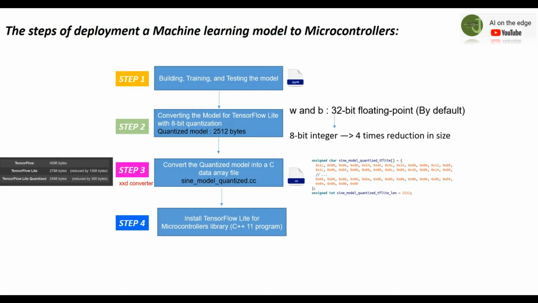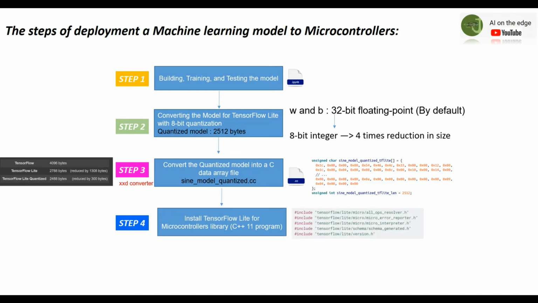So the next step, step 4, we need some library or some function to make use of this array. For example, we want a function which reads the W and B from the header file, and also converts it to a machine learning model, and also we can easily use it.